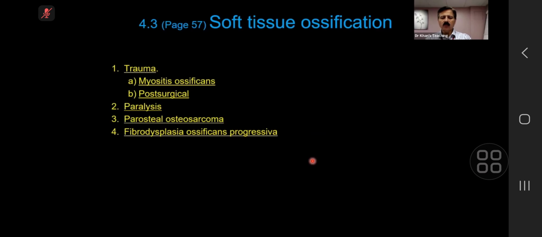Now, in your Chapman, there is a 4.3 soft tissue ossification. There is a difference between the word ossification and calcification. And here, what is happening is that parosteal osteosarcoma is given as one of the differentials.